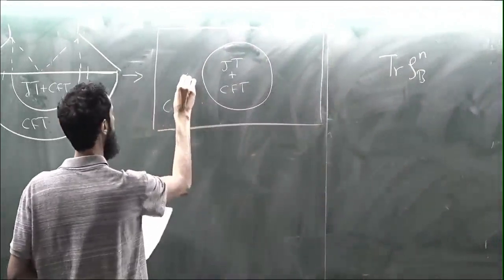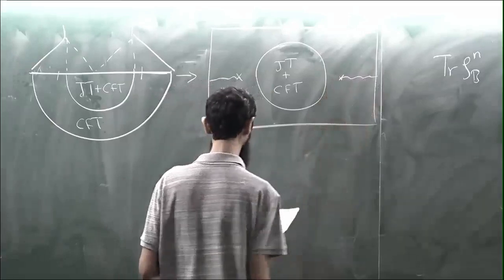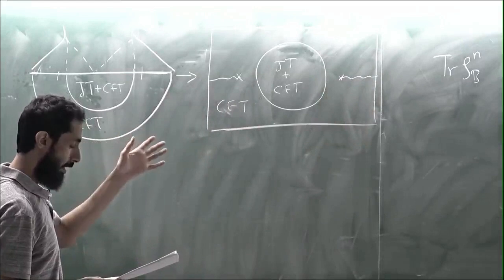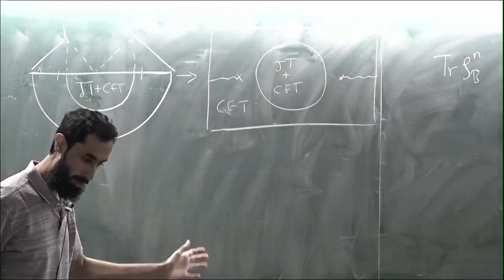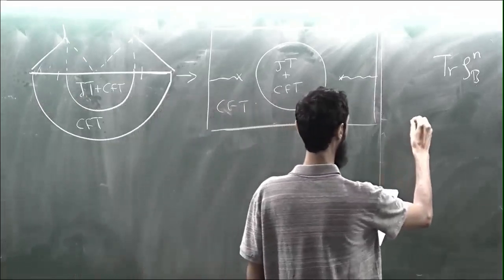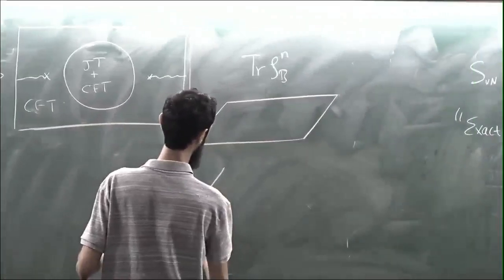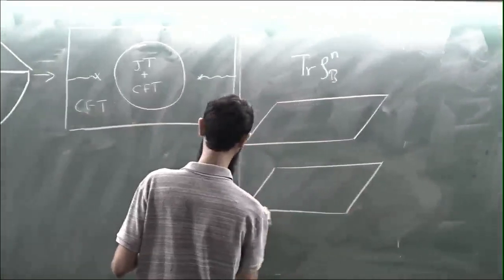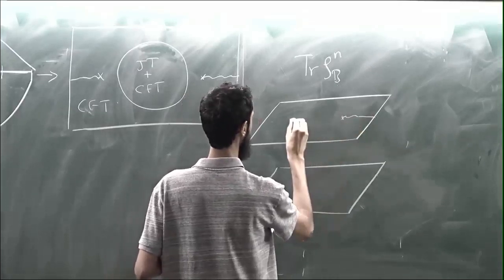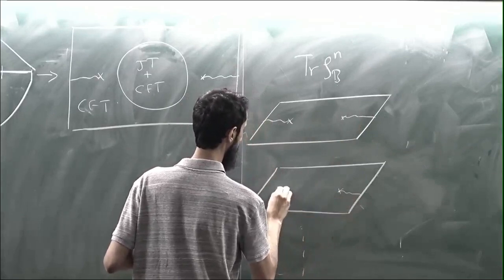You achieve this by adding a branch point and a branch cut, like this. I'm going to compute the entropy using the replica trick. The way you do that is you consider the replicated manifold, which looks like this, where these different sheets are identified across these cuts.